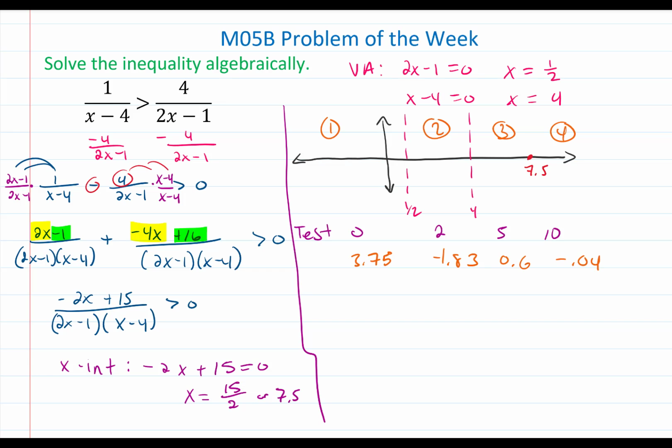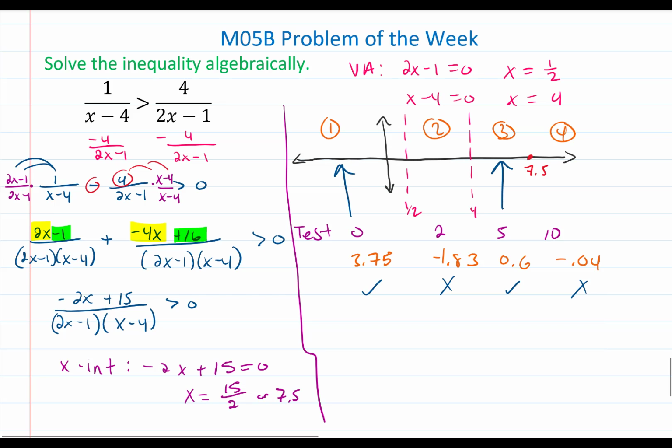Now again, what you're trying to do is compare to 0. Which of these values is greater than 0? Well, as you can see, 3.75 is greater than 0, 0.6 is greater than 0, but negative 1.83 and negative 0.04 are not. So as a result, my solutions are all in interval 1 and also interval 3.